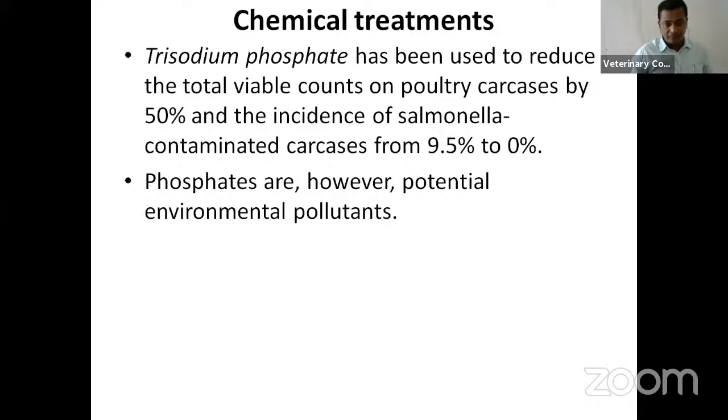So application is okay. It is going to reduce the salmonella, for example in one study from 9.5% to 0% in the carcass treated with trisodium phosphate. But the other aspects associated with environmental pollution are also associated with such chemicals.